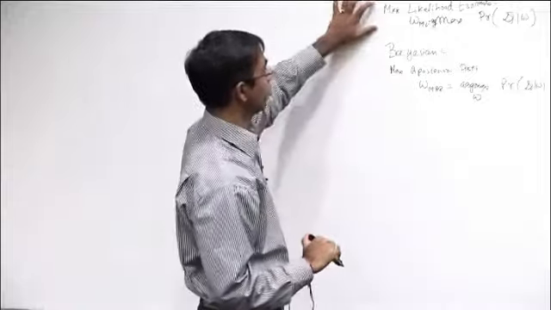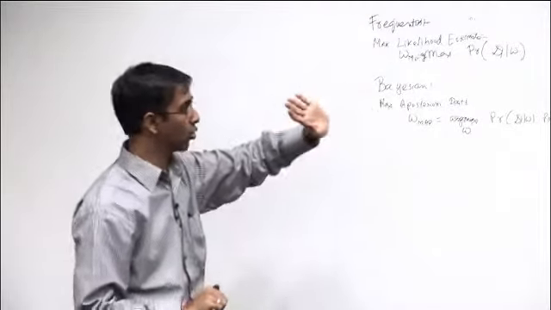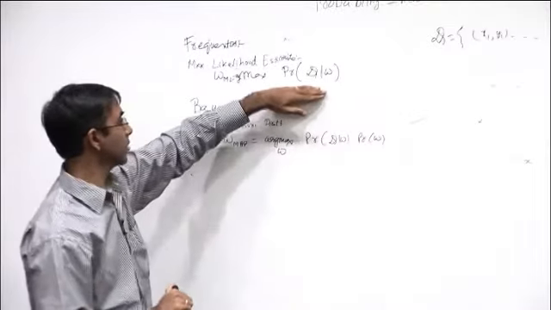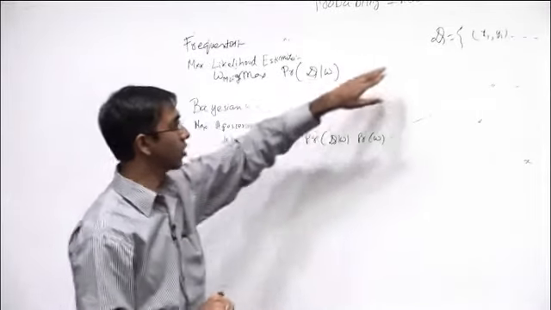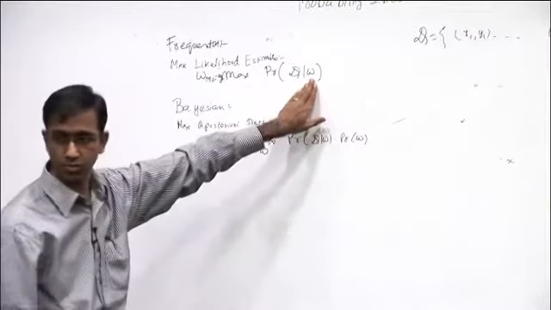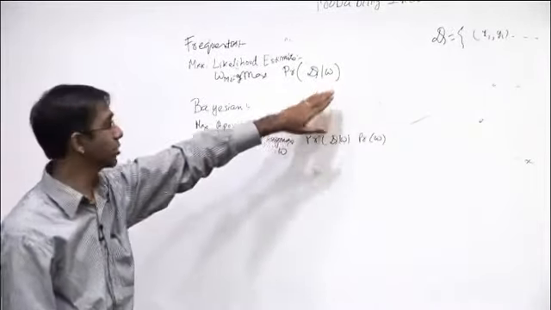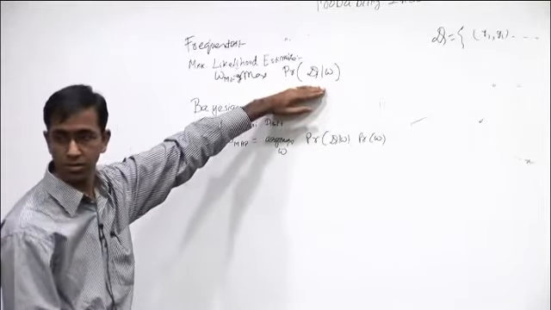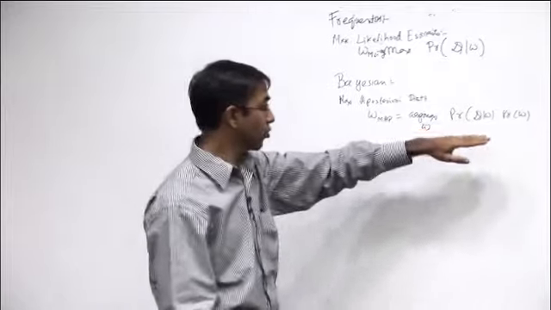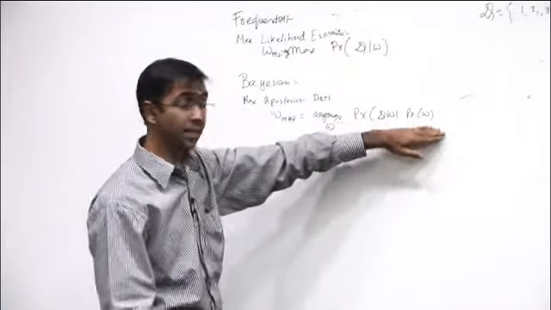So this is clear. For the maximum likelihood estimate, you totally ignore your prior on w. You just want to maximize the likelihood of observing this data given w. That is, you want to find a w that maximizes this. For maximum a posteriori, you want to maximize your likelihood multiplied by your prior.